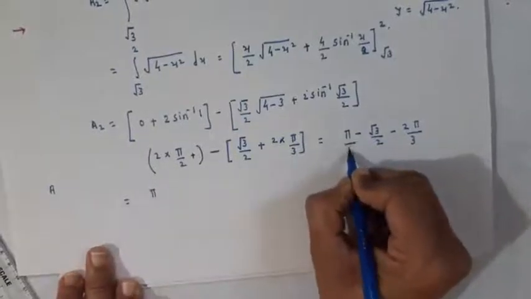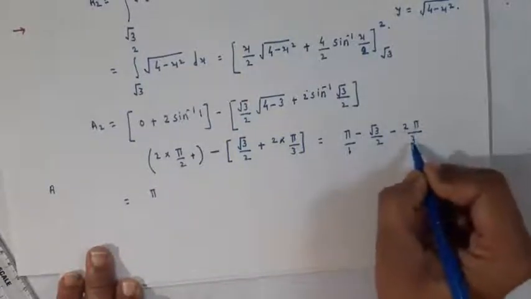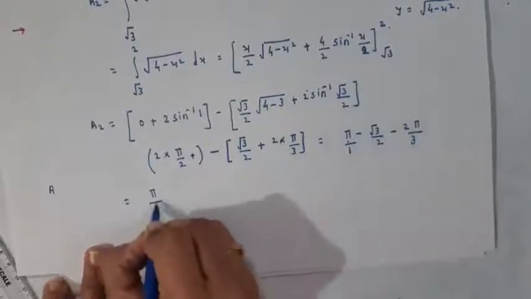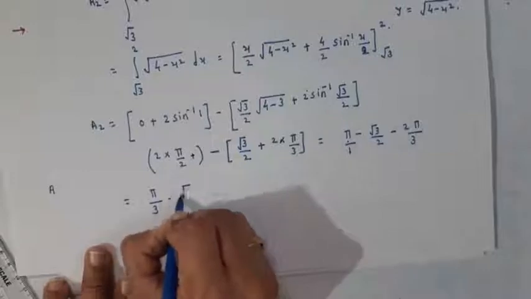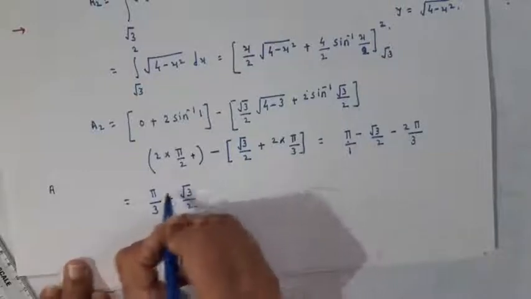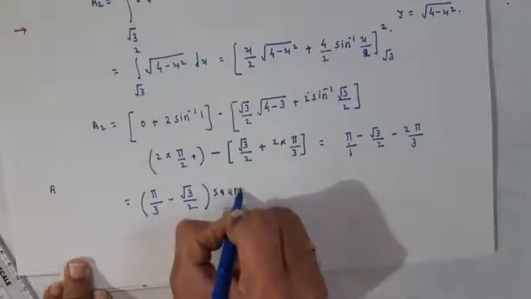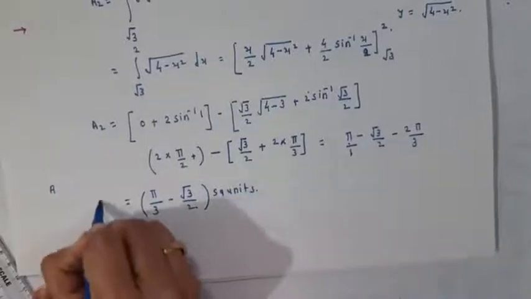Here we will take the LCM: pi by 1 minus 2 pi by 3. So 3 pi minus 2 pi is pi by 3. Pi by 3 minus root 3 by 2 square units. This is area A2.